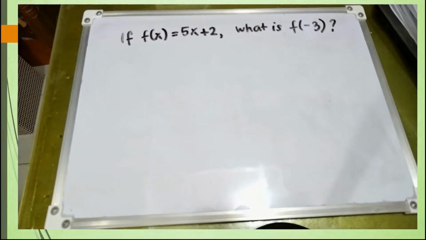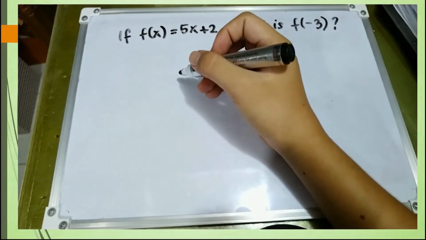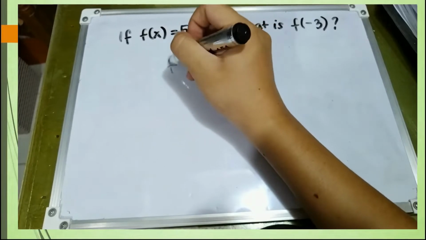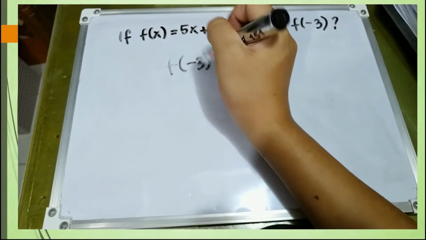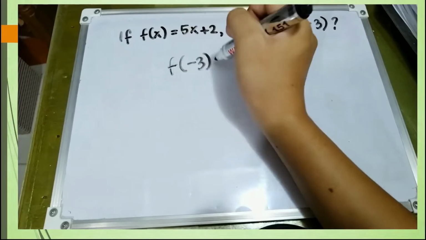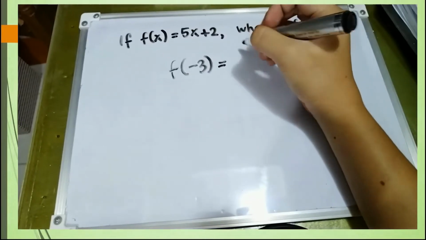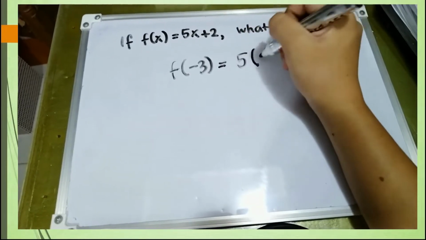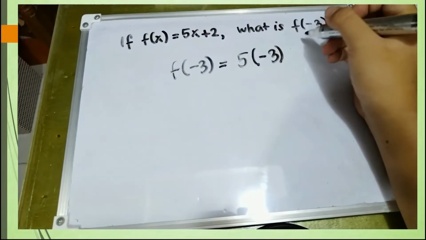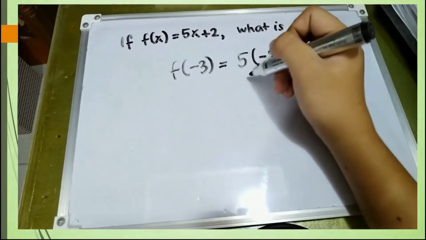So if f of x is equal to 5x plus 2, what is f of negative 3? So f of negative 3 is equal to 5 multiplied by negative 3 plus 2.